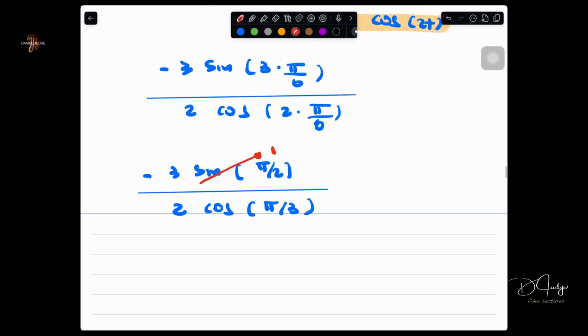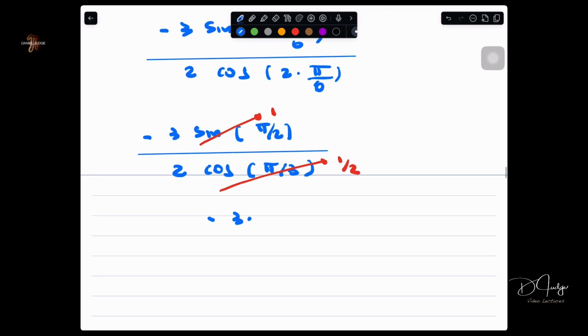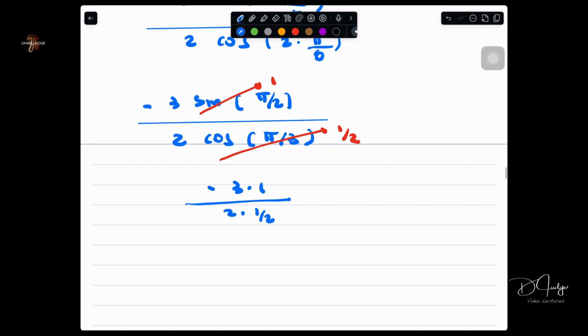And cosine of 60 degrees is 1/2. So what you end up with is -3 times 1 over 2 times 1/2, or your final answer is just going to be -3.